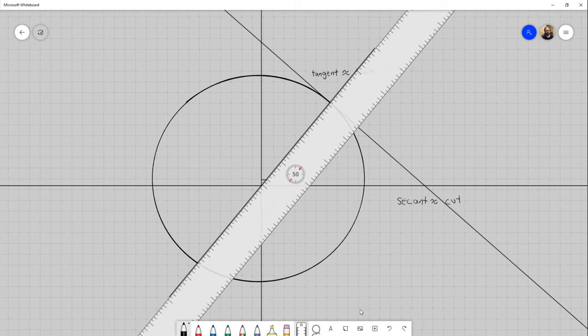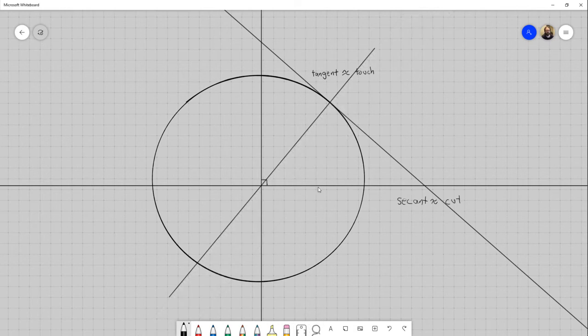So here's our picture. We've got a secant line that cuts, a tangent line that touches, and then a third line that's perpendicular to our secant line, and another secant line. We've got a bunch of secant lines going through the center here.